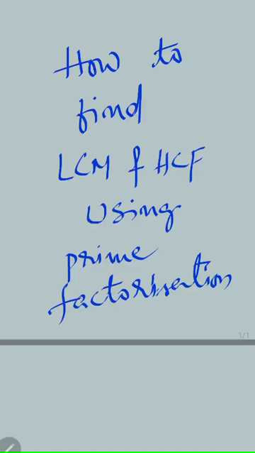Hello, hi everybody. In this video I'm going to explain how to find LCM and HCF using prime factorization. Here I'm going to take a few examples. By those examples you can easily understand how to find the LCM and HCF of the given numbers.